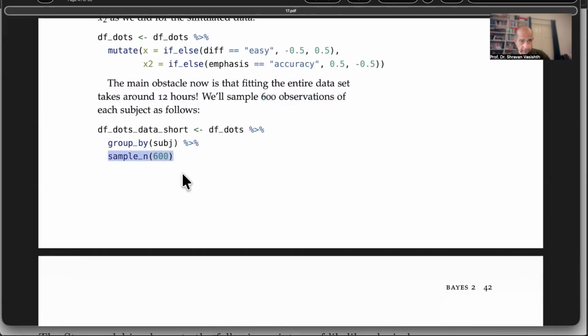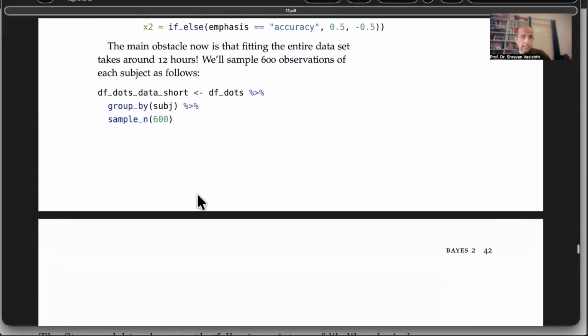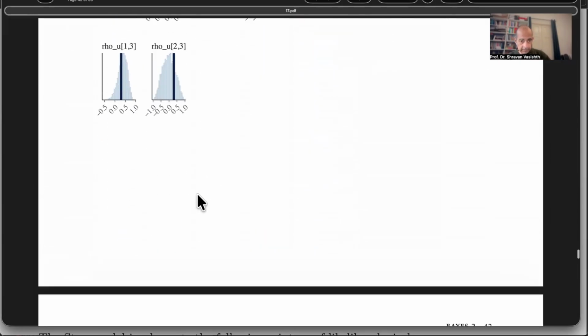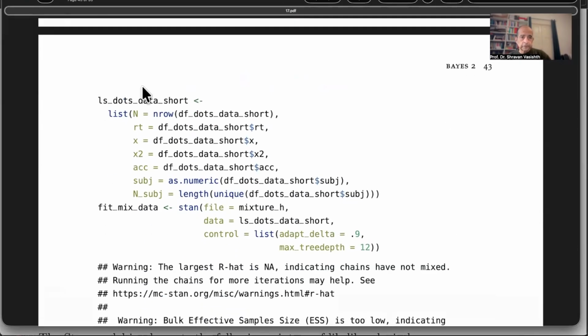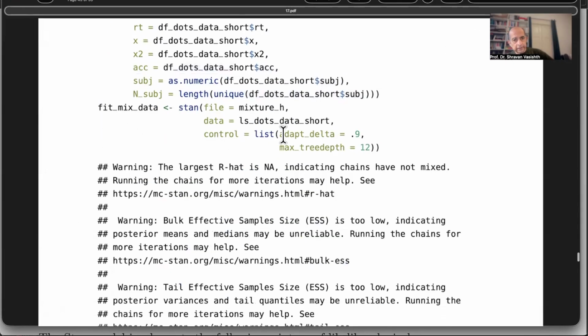You just take samples from each subject and then proceed to work with that. So now this is the shortened data set with only 600 data points per subject, and then you set up the data list in list form and then fit it with the same model, right?